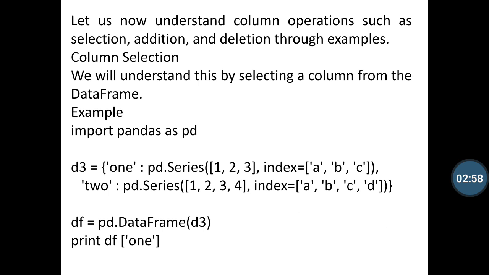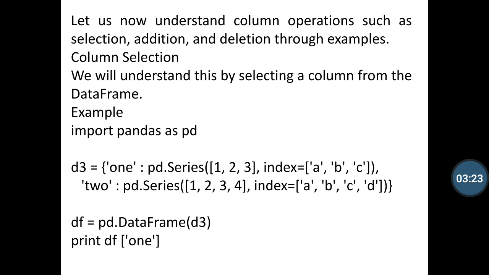Let us now understand column operations such as selection, addition and deletion through examples. First of all, I am defining column selection. We will understand this by selecting a column from the data frame. First, import the pandas library as pd, and then define the variable d3 as a dictionary.